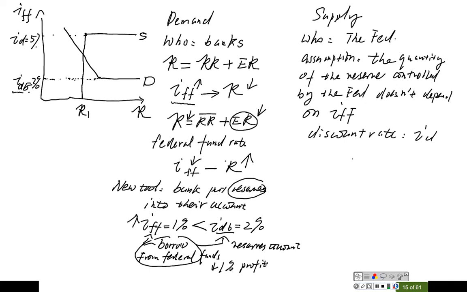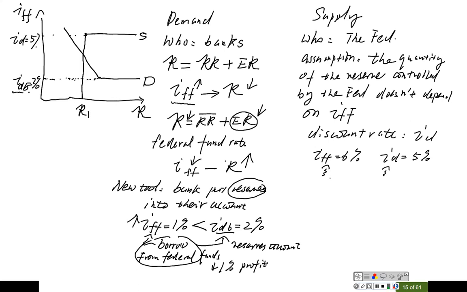But why, when the federal funds rate is above the discount rate, does the supply curve become horizontal? Let's see what happens here. Suppose the federal funds rate is 6% and the discount rate is 5%. And we know the federal funds rate means the rate at which banks can borrow money from each other. This is the rate at which a bank can borrow money from the Fed.